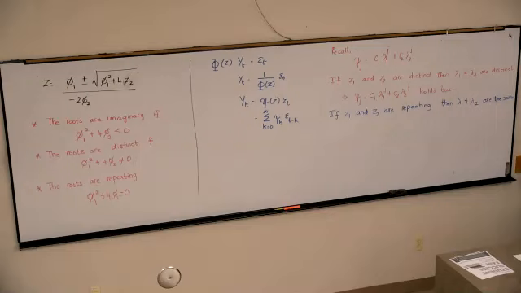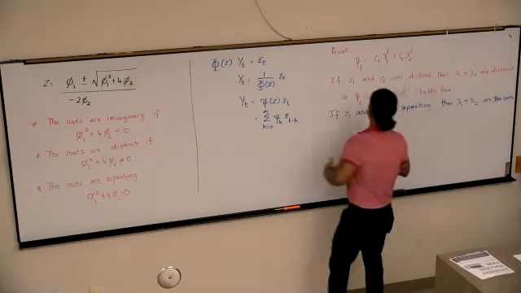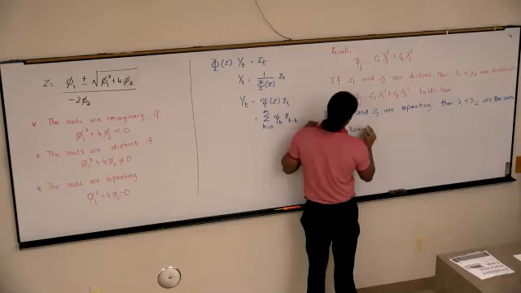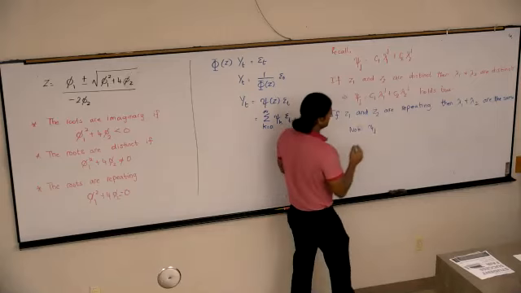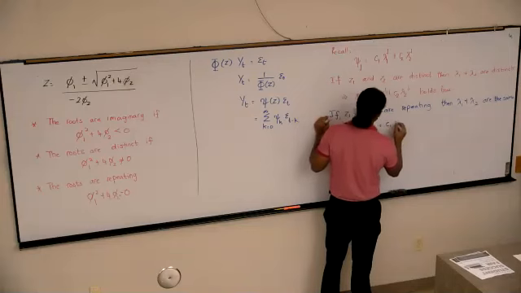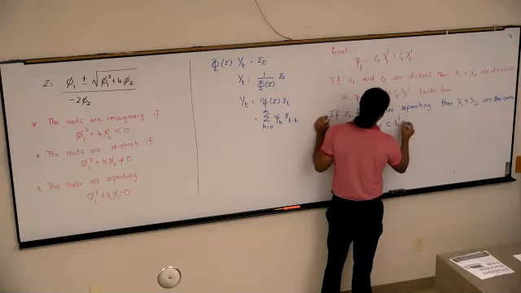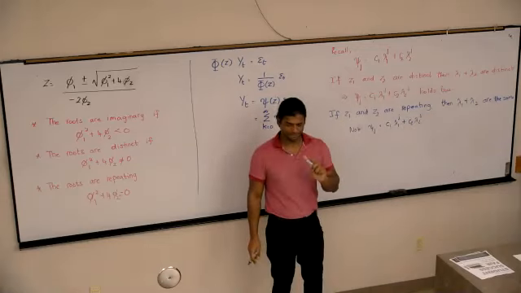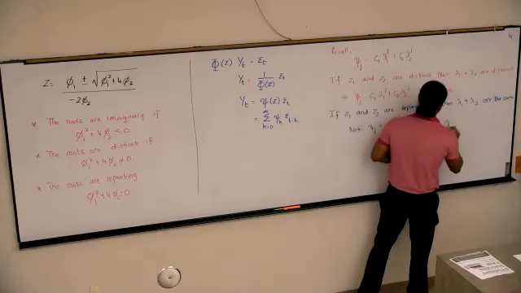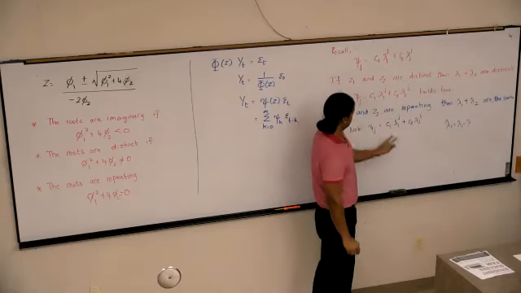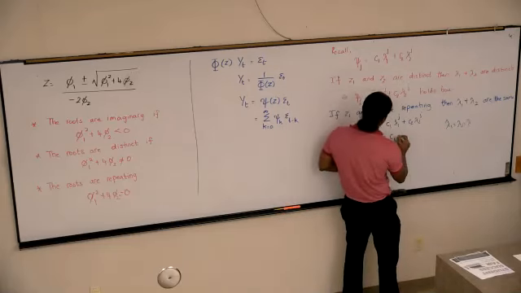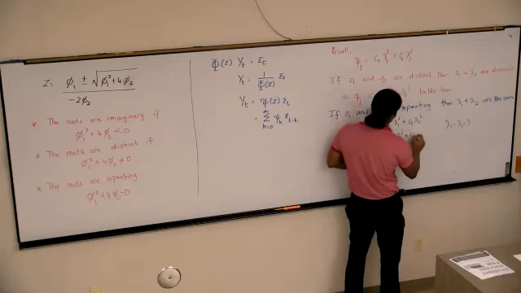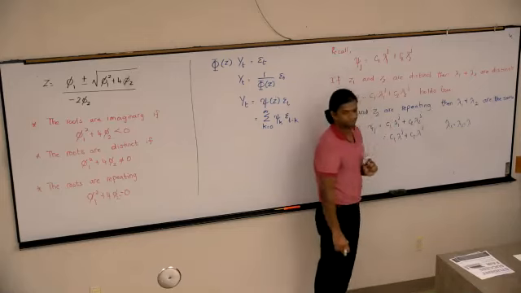In that case, I can't write psi j as C1 lambda 1 raised j plus C2 lambda 2 raised j, because they are one and the same. So lambda 1 equals lambda 2, say lambda. What would happen? You end up having C1 lambda raised j, C2 lambda raised j.